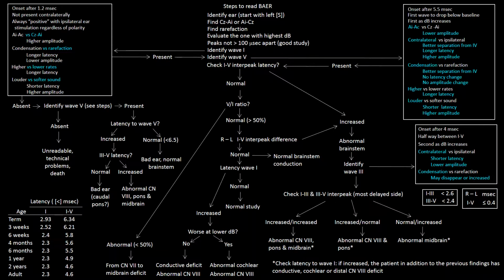To answer this question, I like to go back to the master chart. After concluding that the brainstem auditory conduction is normal in this patient, we need to turn our attention to wave 1 latency.